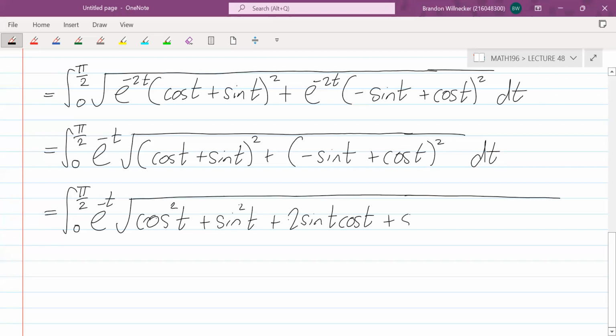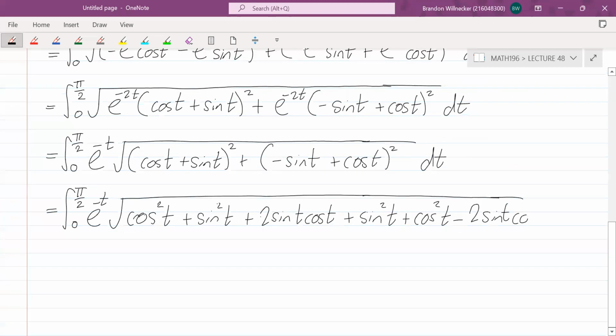So we get plus sin squared t plus cos squared t minus 2 sin t cos t, dt. Okay, so now we've got a plus 2 sin t cos t and a minus 2 sin t cos t. Those can cancel.